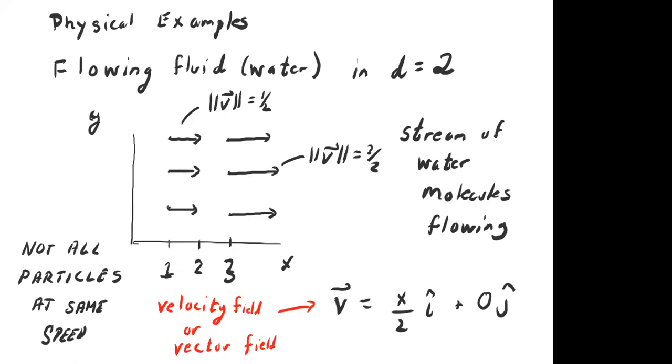So what does all this have to do with the divergence of a vector field? Well, again, let's go back to our 2-dimensional picture of our water moving. I'm just going to pick 6 molecules of water, of the 10 to the 23rd molecules of water inside the stream. They obey this velocity field.